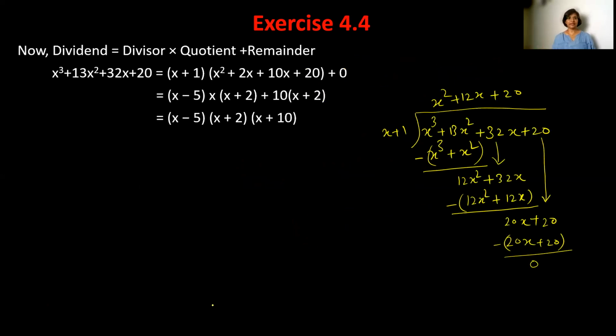And for the next step, dividend equals to, before putting this, what do we have to do? We have to find out the quotient. Only then can we put this here. So to find the quotient, we divide it by x plus 1.